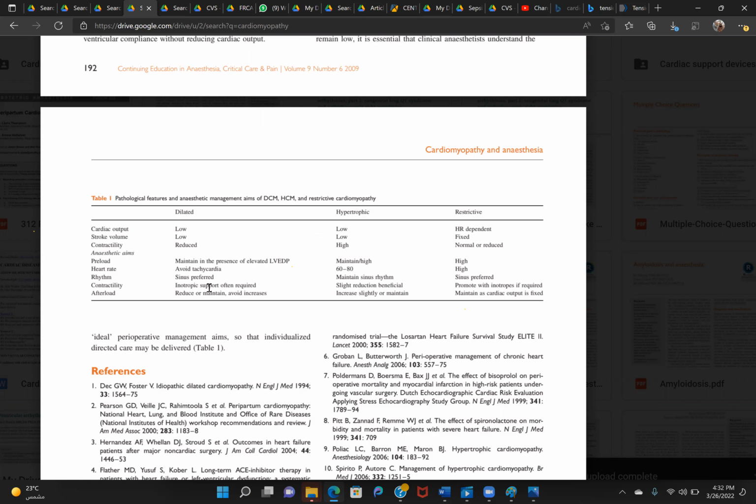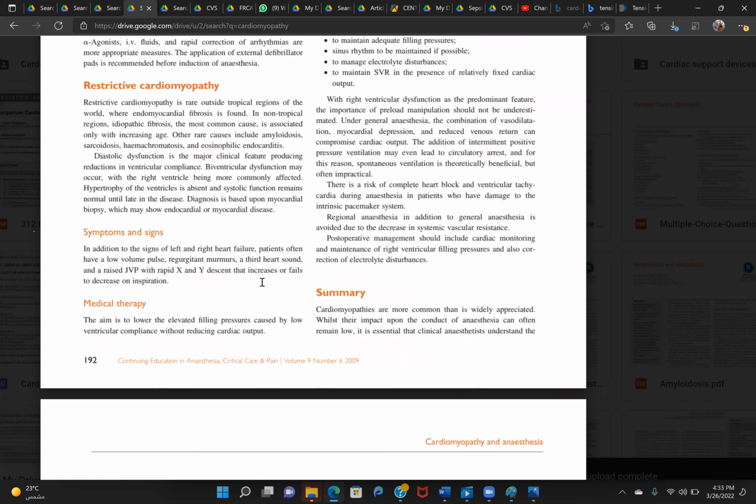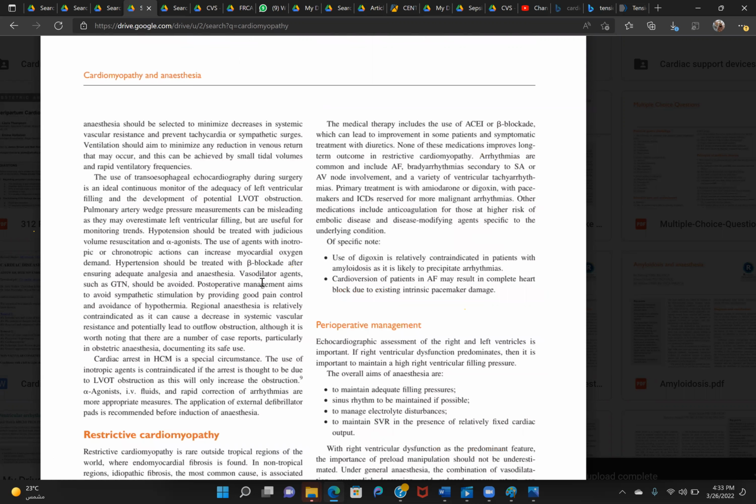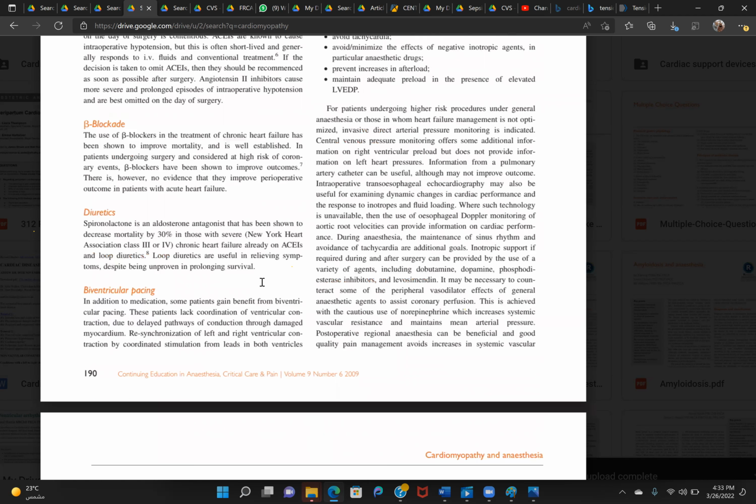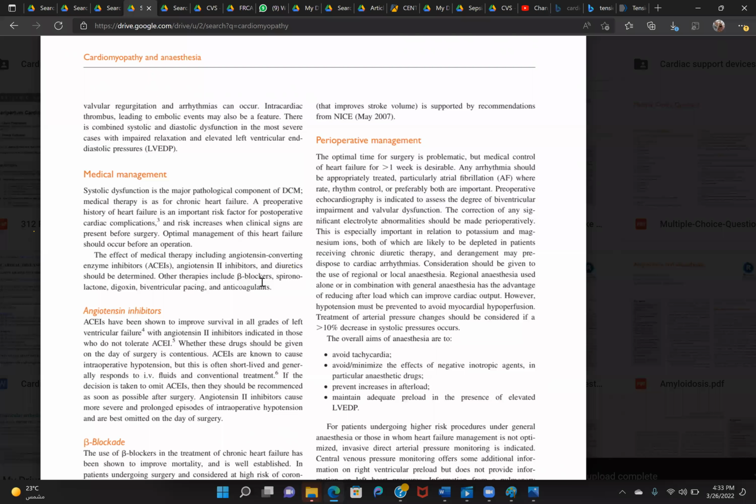Just like yesterday we discussed cardiogenic shock, we have the same thing. So I have just tried to give you some idea, as much as I know. But I tell you, it's a difficult topic.